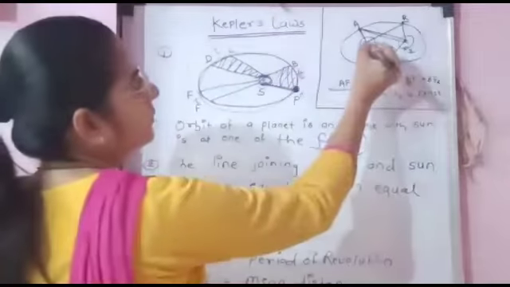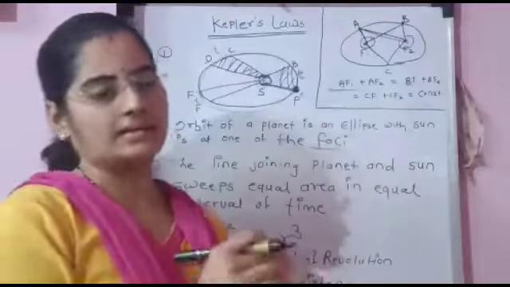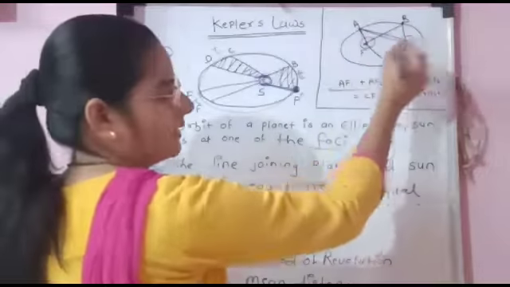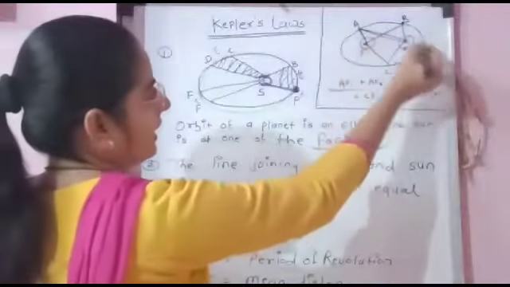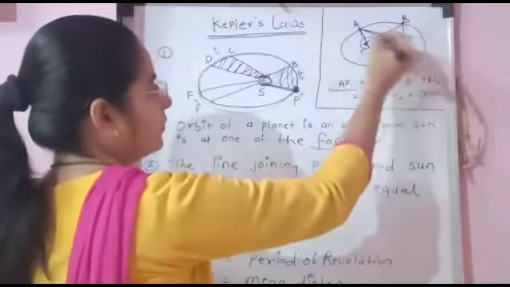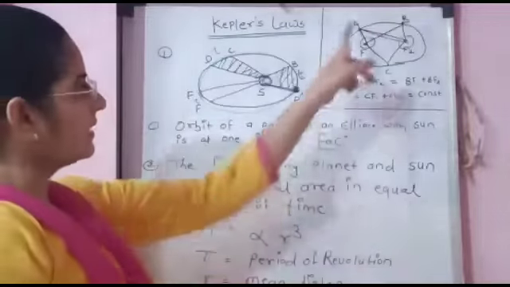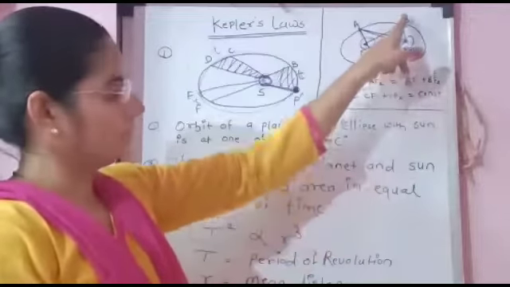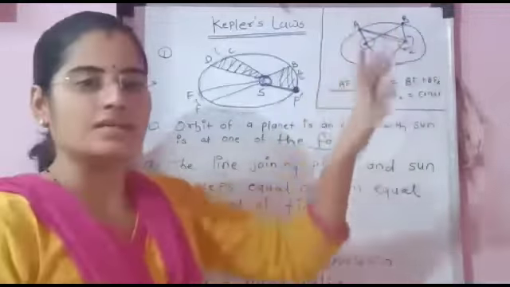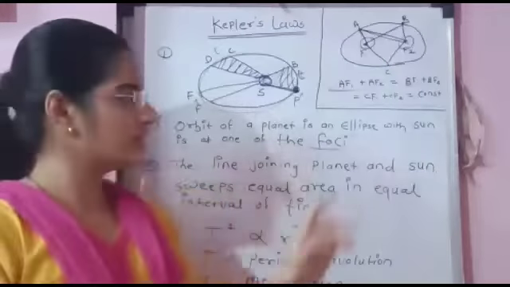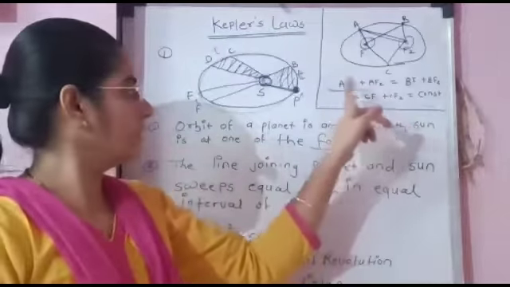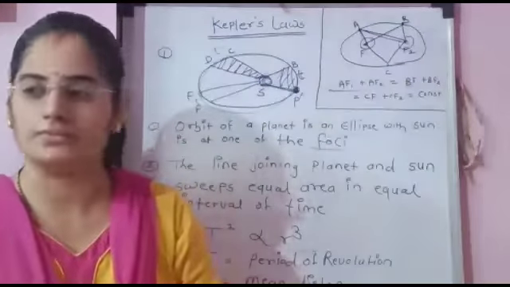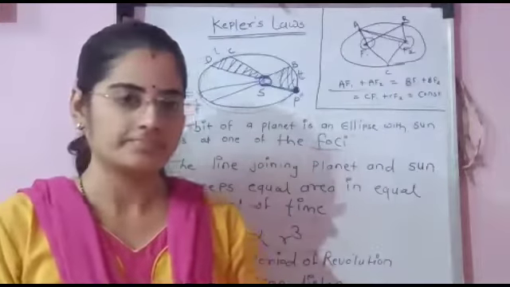Here the two focus points are present, and any point on the ellipse is connected to one focus point and the other focus point. The sum of these distances remains constant. See here, AF1 plus AF2 is equal to BF1 plus BF2 is equal to CF1 plus CF2, and such a diagram is called an ellipse.